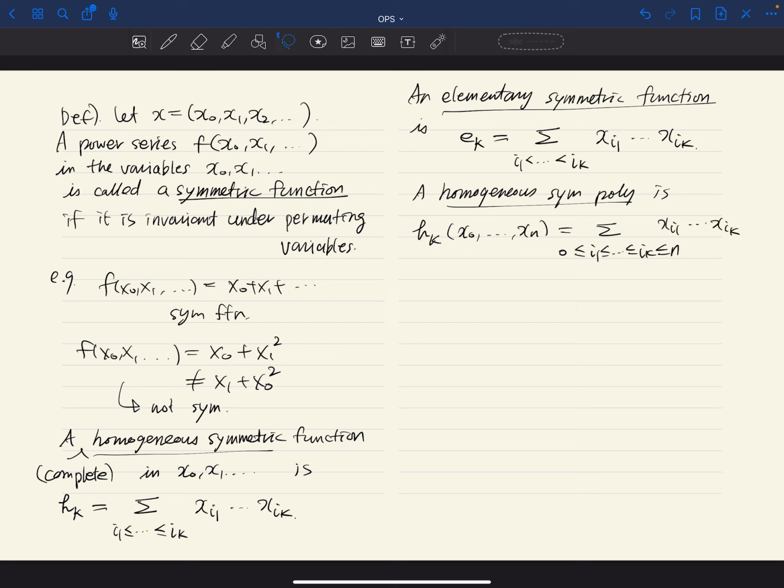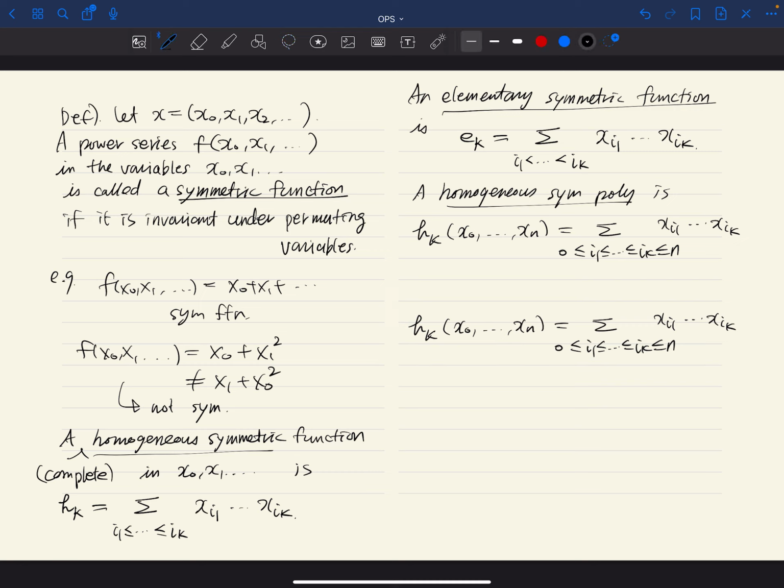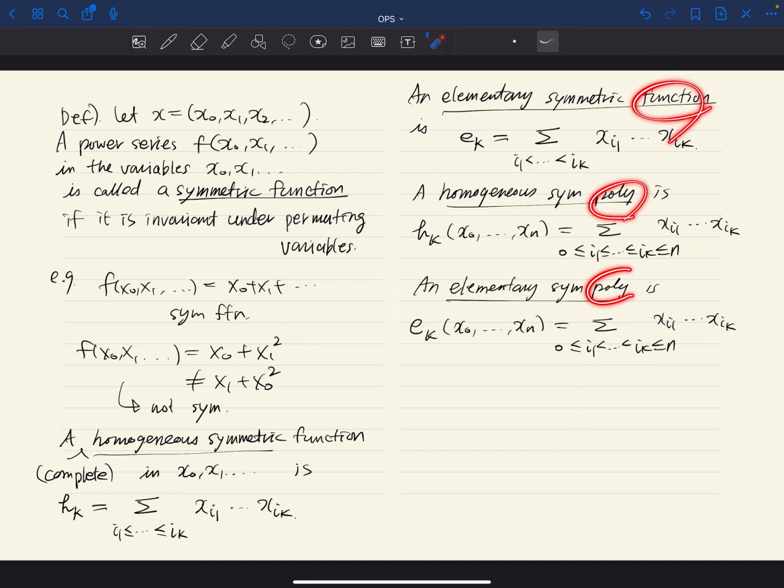And E is the same. And an elementary symmetric polynomial is E, and delete all the equalities like that. Okay. But sometimes I'm not going to be very precise, and sometimes I just call it a symmetric function, even if there are only finitely many variables.